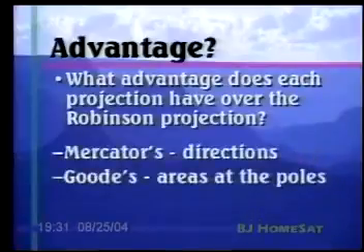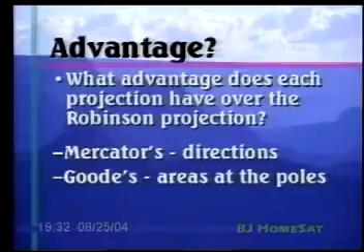Okay, Mercator's has the directions that are accurate, whereas Goode's has an advantage at the poles, the areas at the poles.